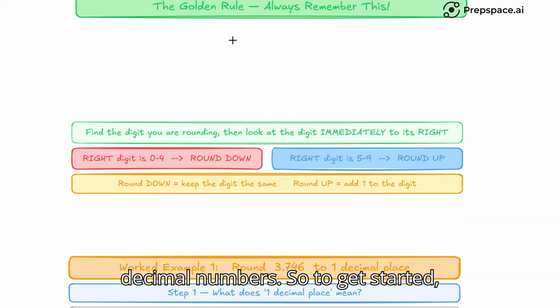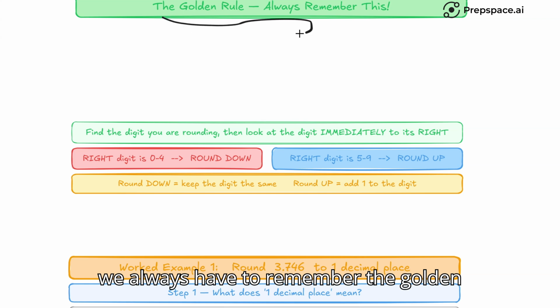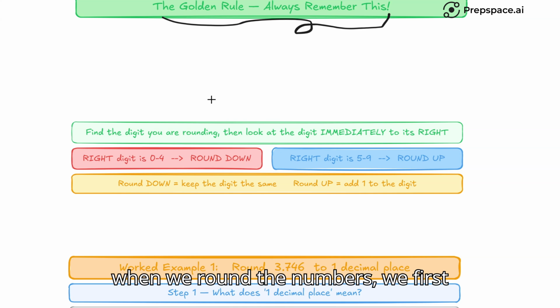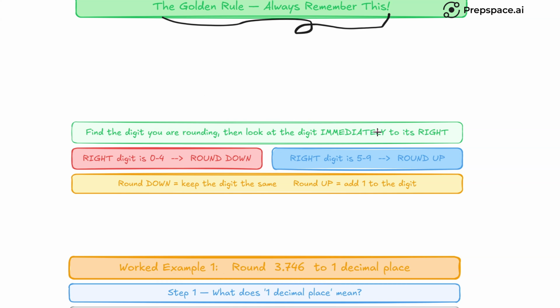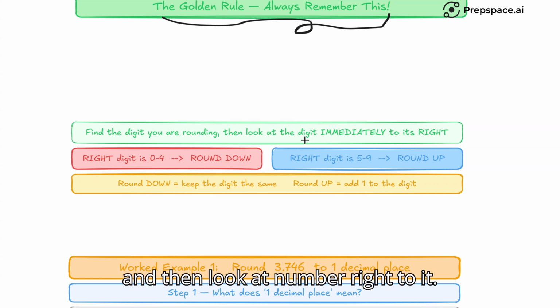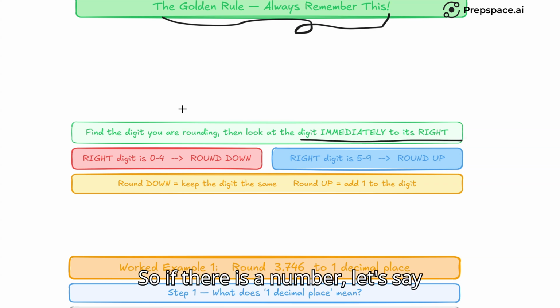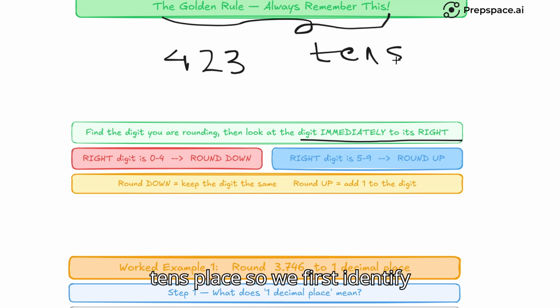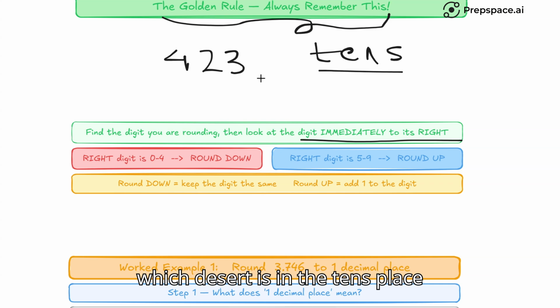So to get started, we always have to remember the golden rule of rounding numbers. When we round numbers, we first identify the digit that we have to round and then look at the number right next to it. So if there is a number, let's say 423, and it says round to the nearest tens place, we first identify which digit is in the tens place.